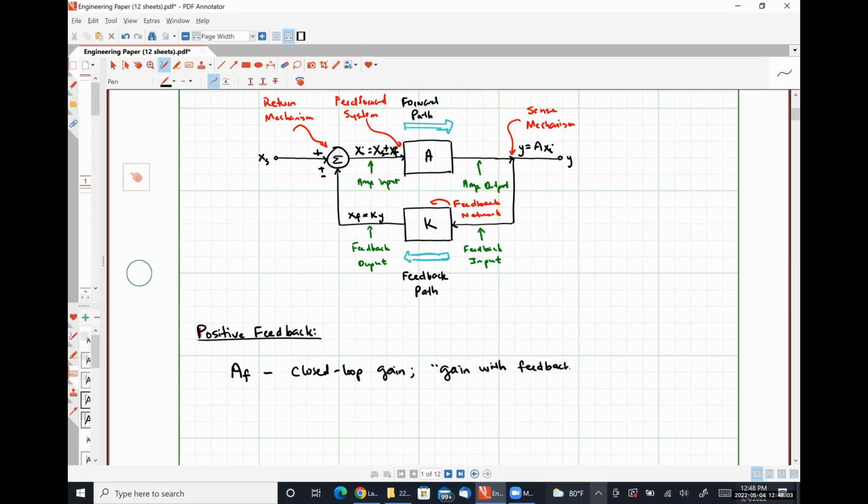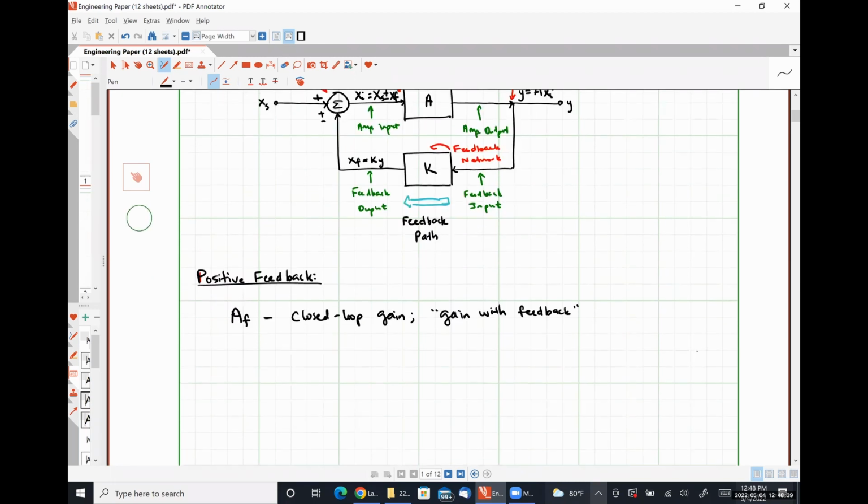So just depending on what textbook you're using, it's typically called these two things. The symbol AF comes from gain with feedback, where A represents gain and F tells you there's feedback. So as always, engineers are boring when we name things. So let's develop a mathematical relationship that will describe what we qualitatively talked about a moment ago.